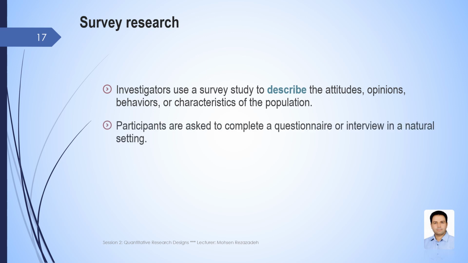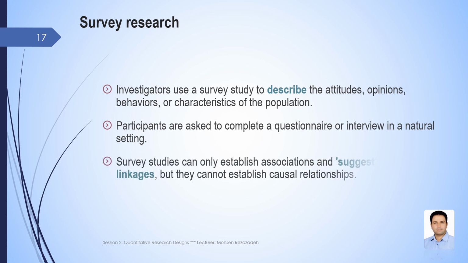In fact, participants are asked to complete a questionnaire or interview in a natural setting. Survey research is typically conducted in 4 or 5 different ways, for example, through telephone, mail, email. It can be online or in person, or it can be offline, for example, filling out a questionnaire.